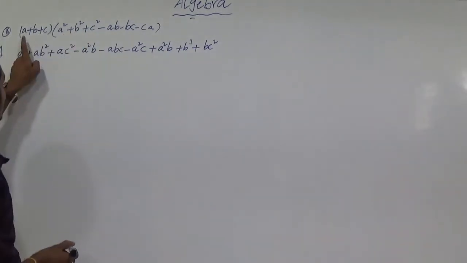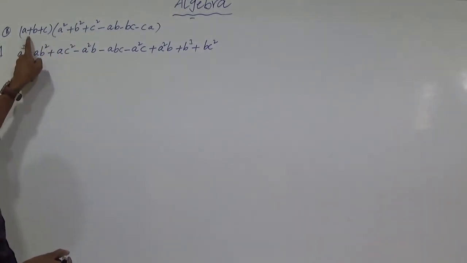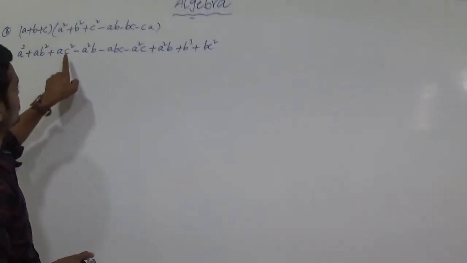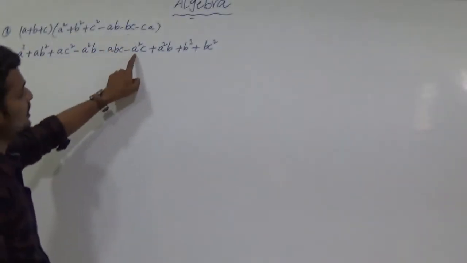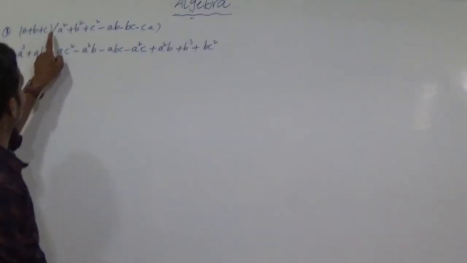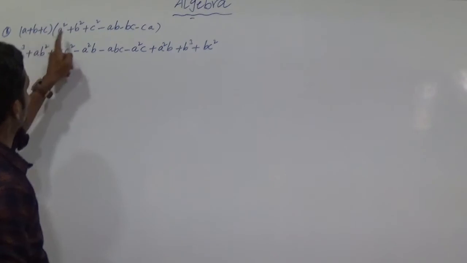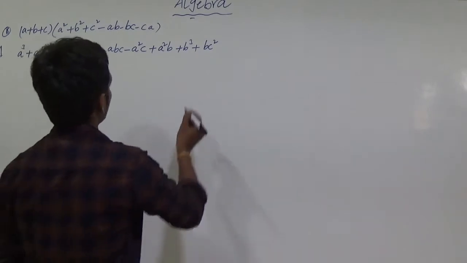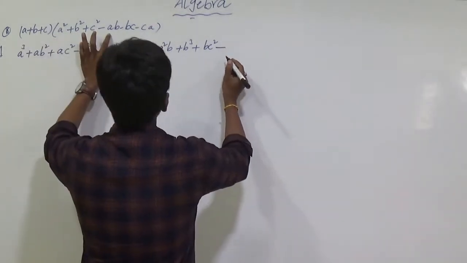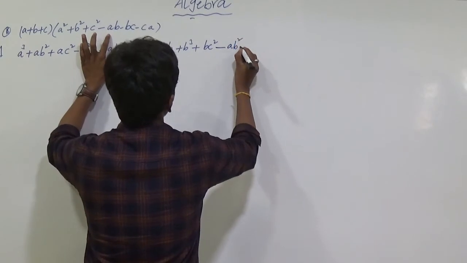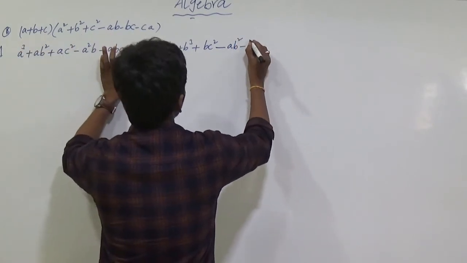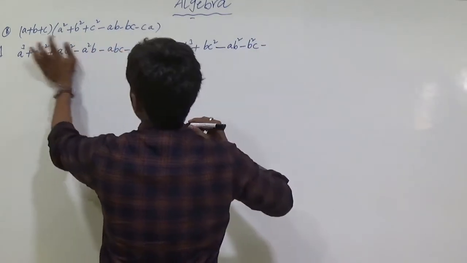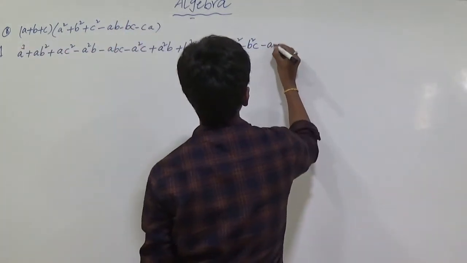I am explaining again. A into a square, a cube, a into b square, ab square, a into c square, ac square. A into ab, a square b, minus a into bc, abc, a into ca, a square c. Now b into a square b, plus b into b square, b cube, b into c square, bc square, minus b into ab, ab square, minus b into bc, b square c, minus b into ac, abc.